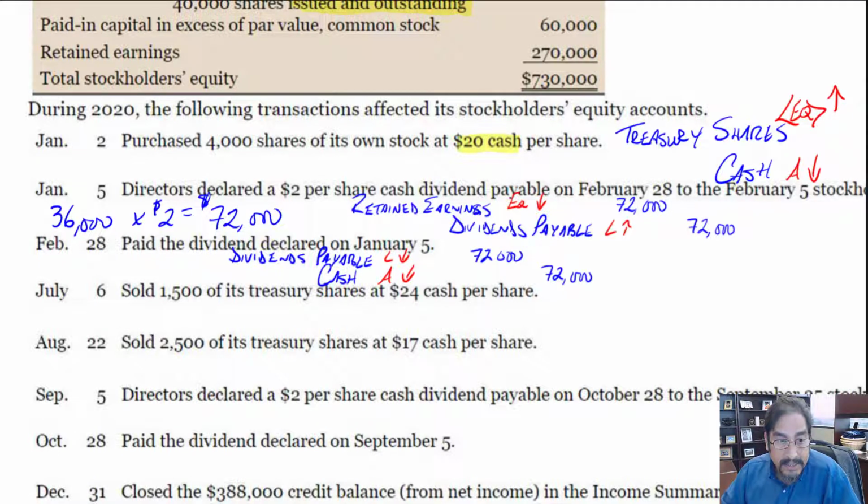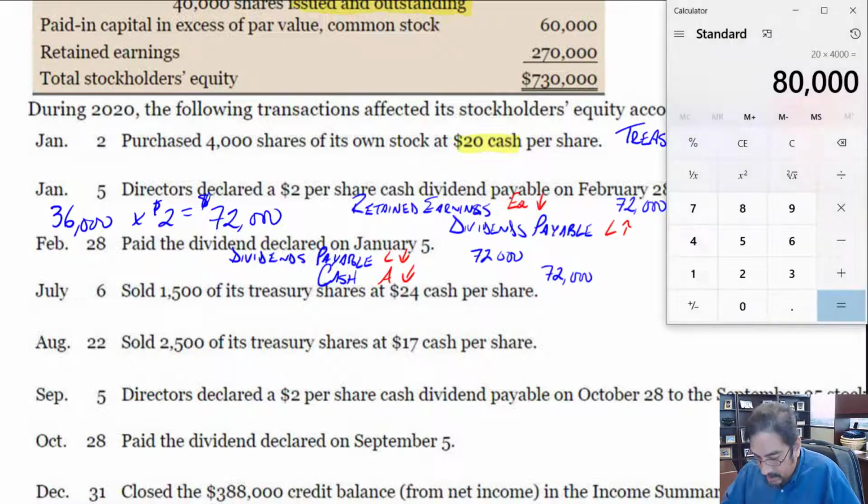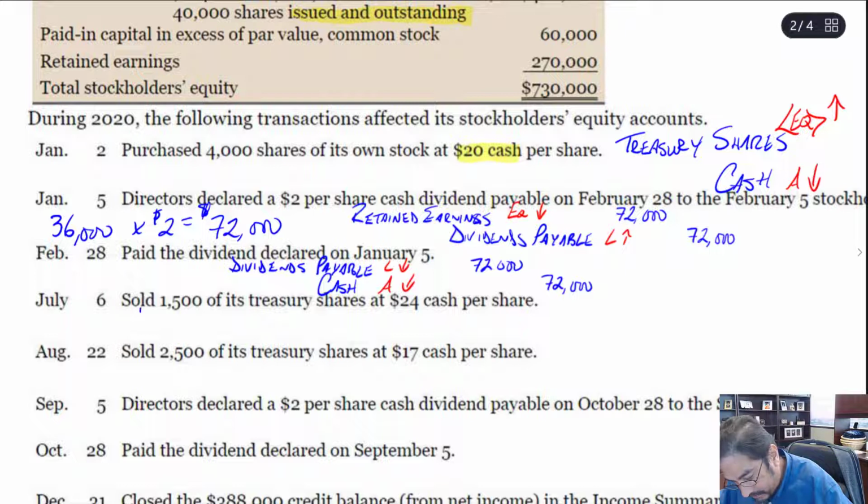The first piece is we brought some cash in. 1,500 shares at $24 each. So we brought in $36,000. So we're going to record cash, $36,000.